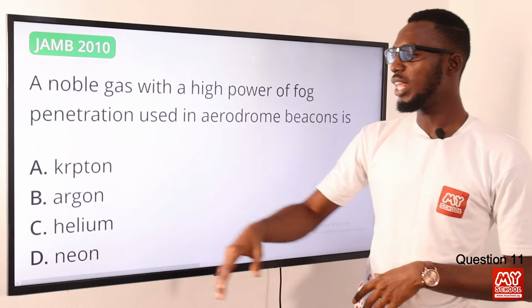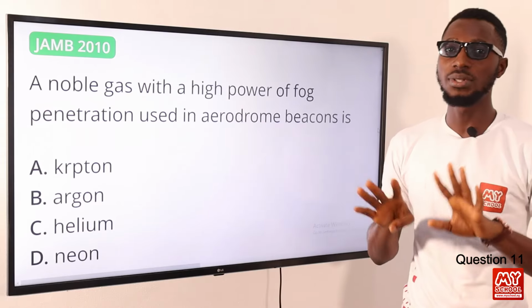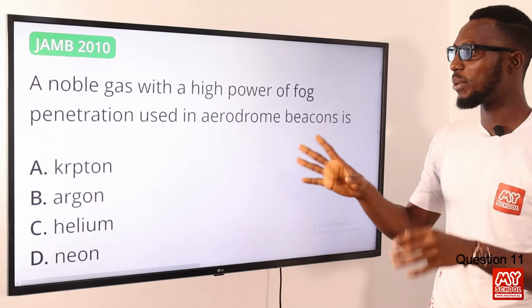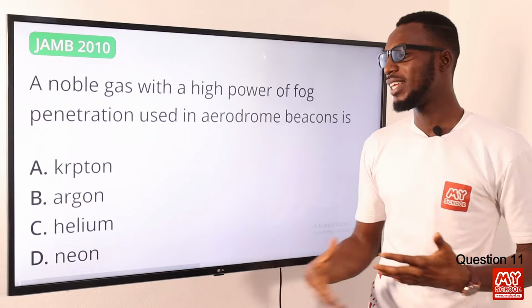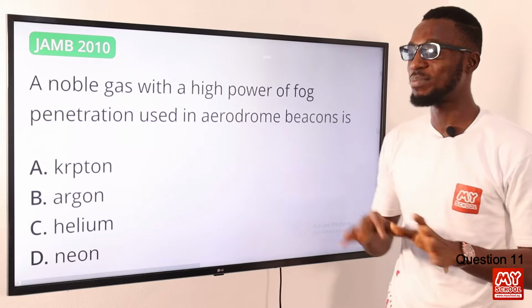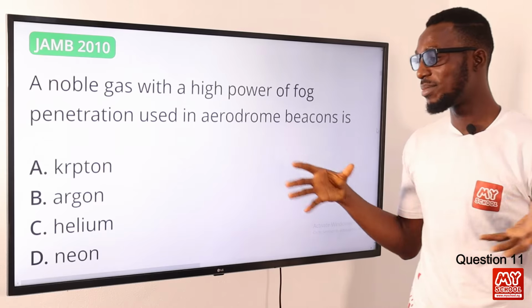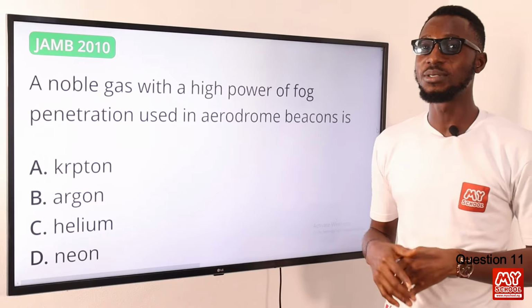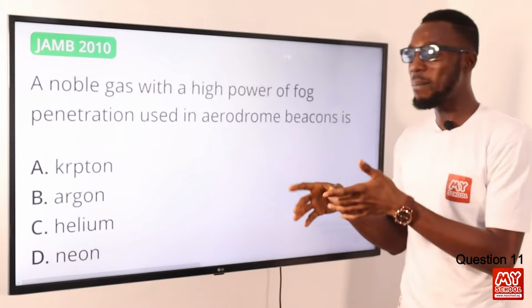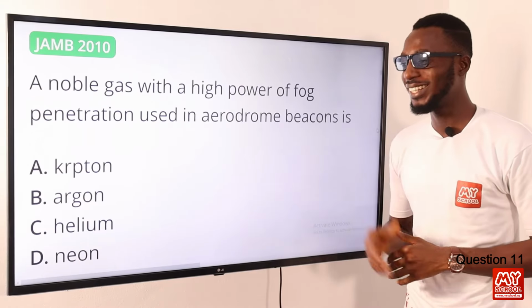Then neon: neon is perfect for neon signs. But for this particular setup, the noble gas I'll be going for is neon. I know we have one or two controversies about this, but based on the research I've made, I'm going to go for neon. So option D is what I've chosen.